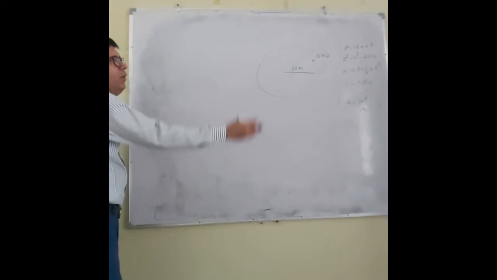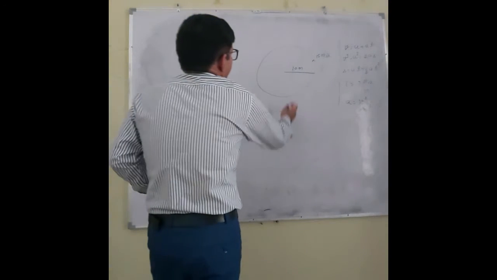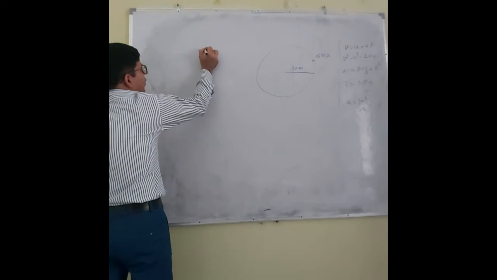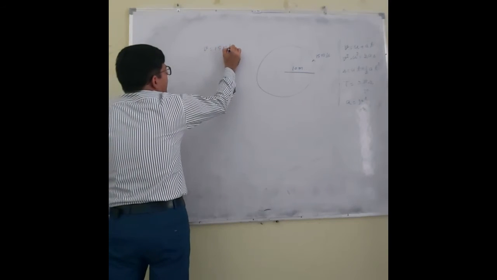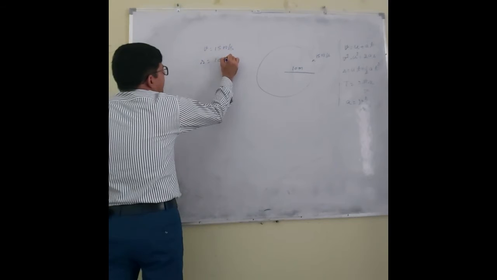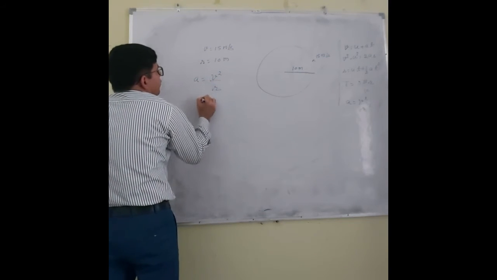A body is revolving in a circular path of radius 10 meter with a speed of 15 meter per second. Calculate the acceleration. Here, what is the speed? 15 meter per second. And what is the radius? 10 meter. The formula is v square by r.